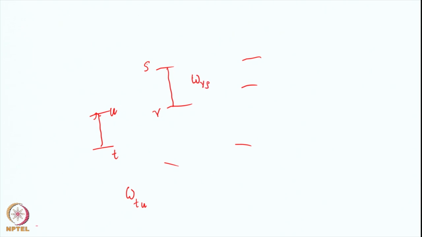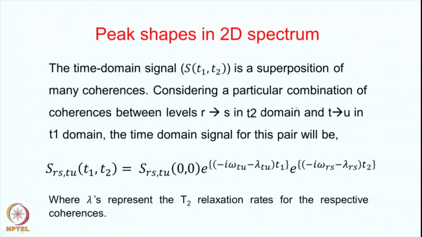Okay. So let us go back and see what we are going to get. Considering a particular coherence between levels R and S, where RS is taken in the t2 domain and TU in the t1 domain. The time domain signal for this pair will be S_RS,TU(t1, t2), where omega TU is taken in the t1 dimension and omega RS in the t2 dimension.